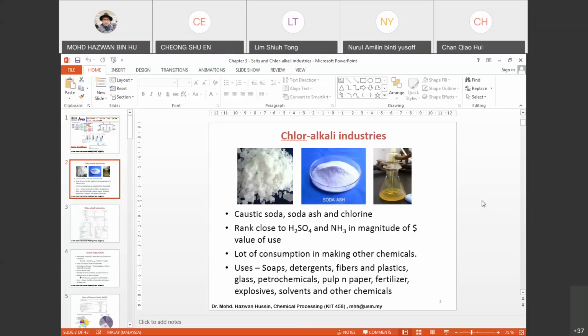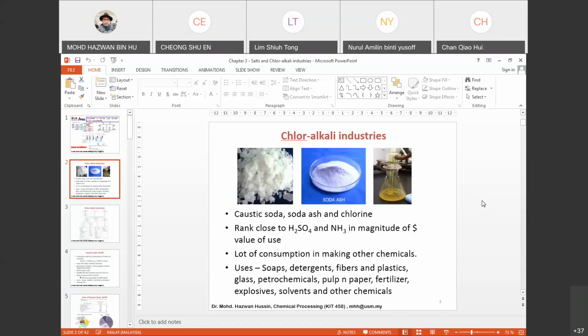And chlor-alkali industries actually rank close to sulfuric acid and ammonia in the magnitude of dollar value of use. Meaning that there is high demand for chlor-alkali industries because several chemical processes use it as the raw material, with a lot of consumption in making other chemicals.